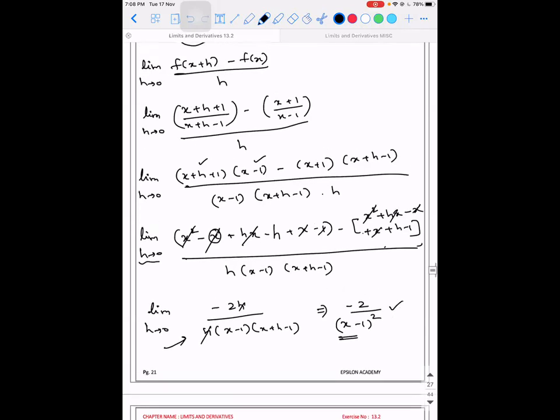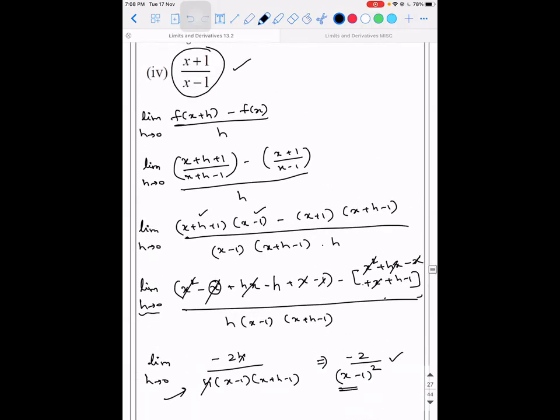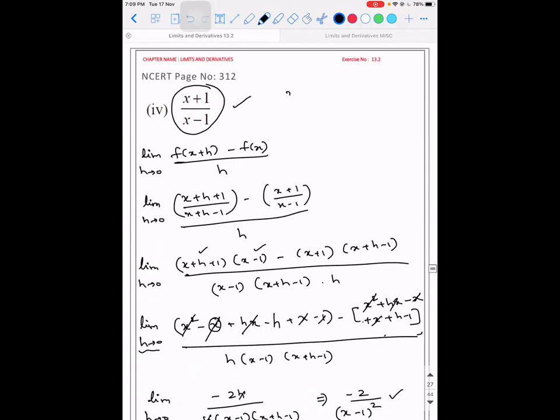So to verify whether it is right or wrong, can you guys try the quotient rule also for this? So when I use quotient rule, what am I going to get? x minus 1 into derivative of numerator, that is 1, minus numerator into derivative of denominator, that is 1, the whole divided by x minus 1 the whole square. So what will get cancelled, guys? x is gone.